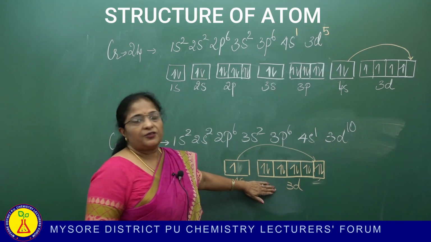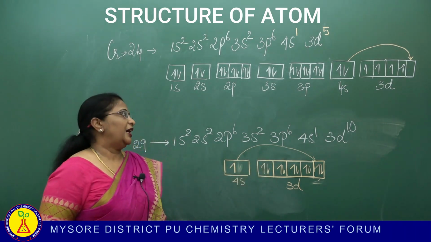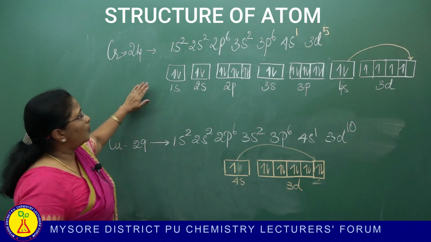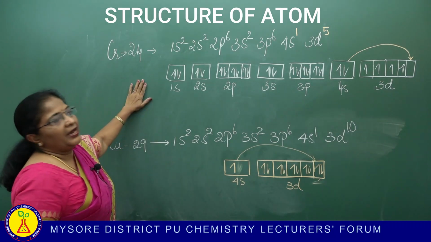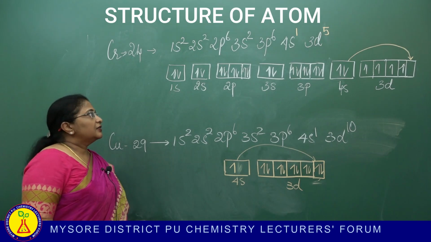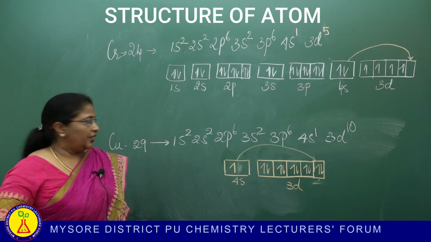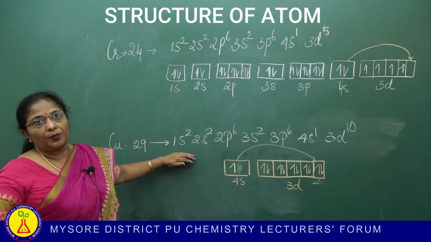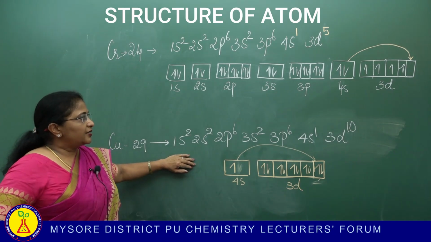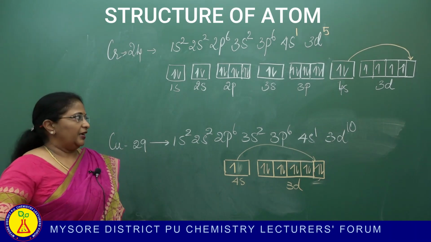Hence this is going to have a greater stability than 4s2 and 3d9. So copper and chromium have a different electronic configuration from what is expected, or we say they show abnormal electronic configuration. That is due to the extra stability of half filled and completely filled orbitals.